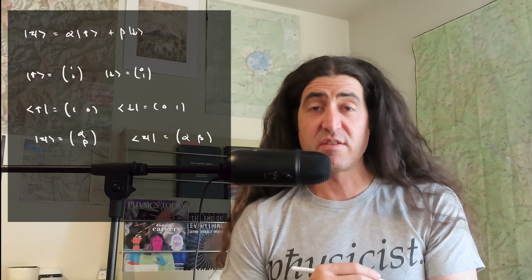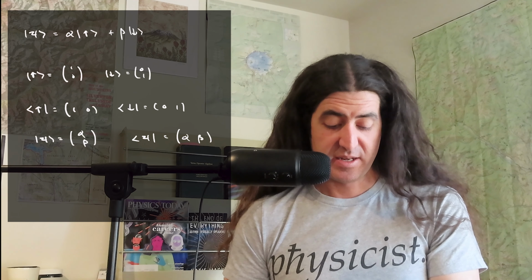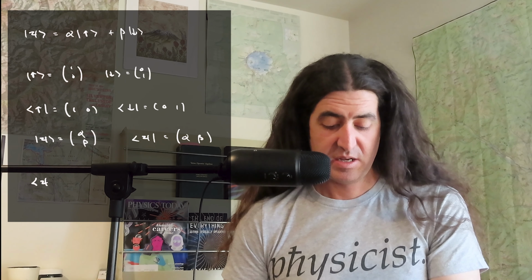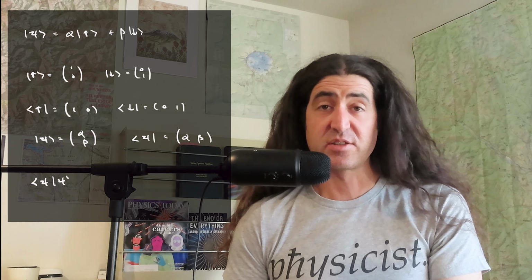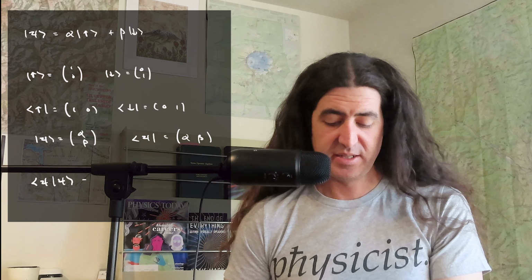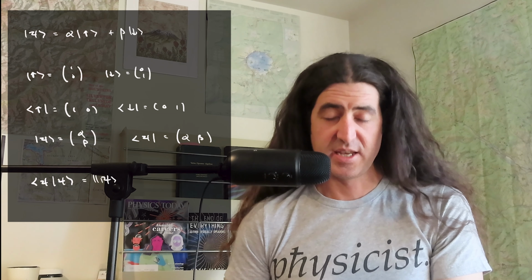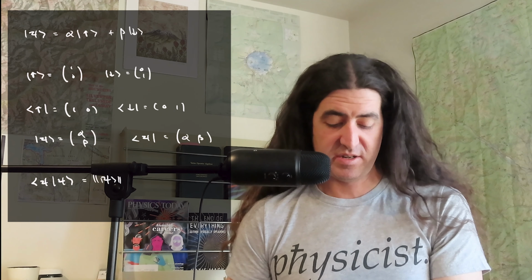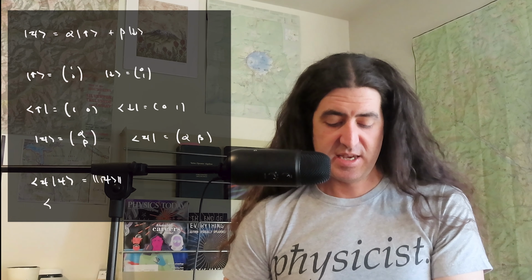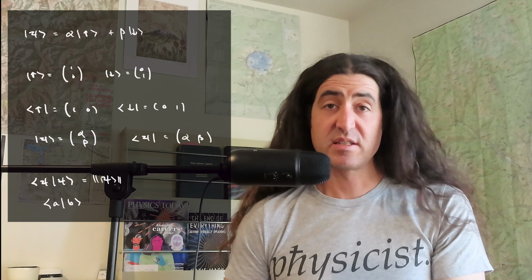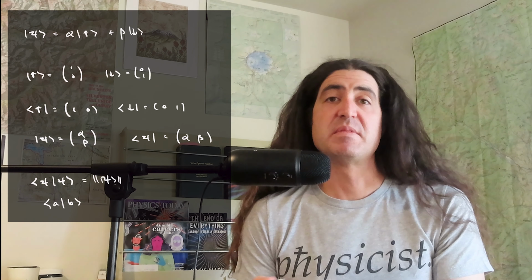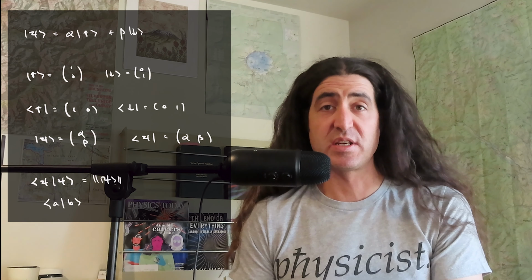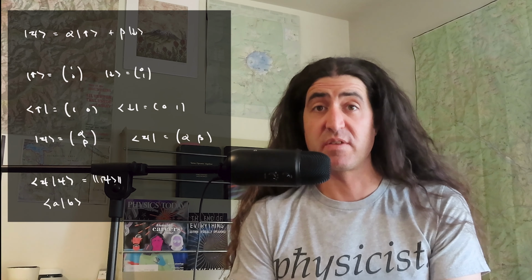But for the case of columns and row vectors, we know that psi with itself, <psi|psi>, is actually a number, which is the magnitude of the vector psi. And generically for any vector, let's say <A|B>, this is going to be some number that's associated to the inner product of the vector A with the vector B.